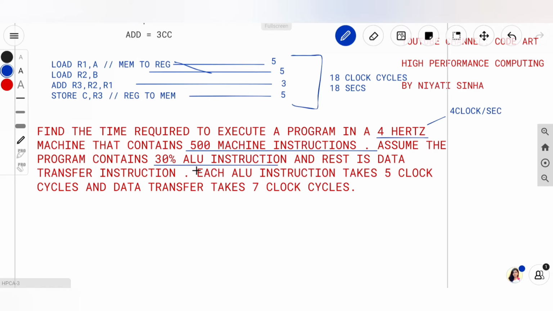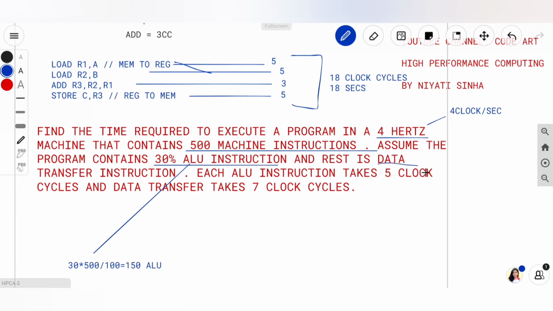So what is 30% of 500? That is 30 into 500 divided by 100, which is equal to 150. So 150 instructions are ALU instructions, and the rest are data transfer instructions.